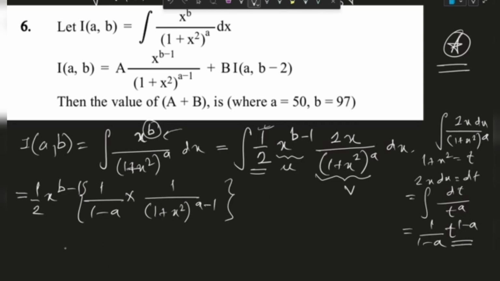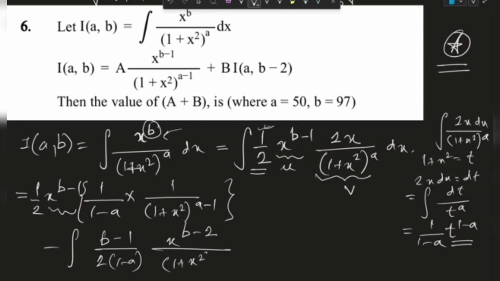And this will become minus the integral of (b−1)/(2(1−a)). Basically what I did is x^(b−1) is here, I will differentiate this, so b−1 came here, this becomes x^(b−2), and we can write out this thing (1+x²)^(a−1) dx.